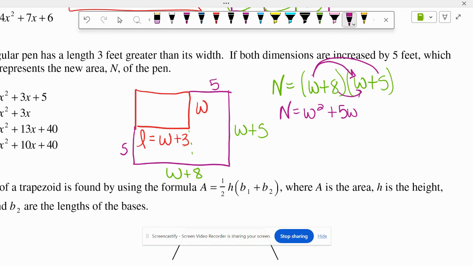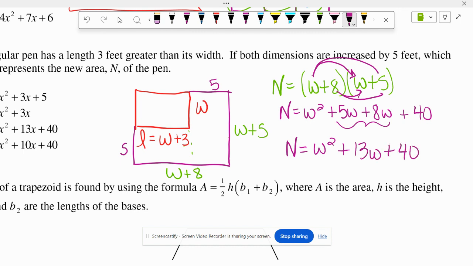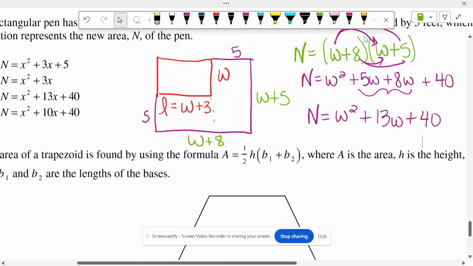Yes, sir. 8 times W. And 8 times 5. All right. Lorenzo, you feel like you can combine those terms in the middle and give me a final answer? Yeah. W squared plus 13W plus 40. Nice job, guys and gals. So answer choice C.